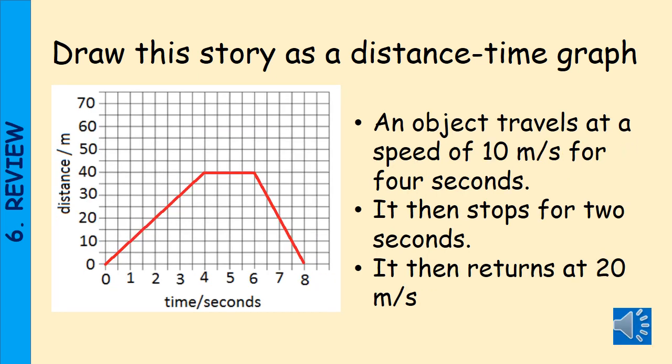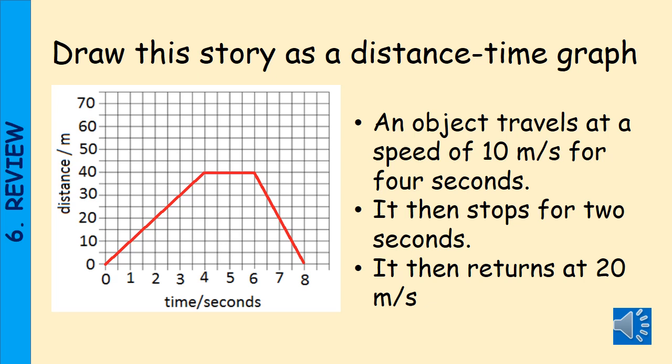So this sort of question is assessing whether you really understand what is meant by 10 meters per second. So if something's going at a speed of 10 meters per second, it means that every second they're doing 10 meters. So our line will begin at the coordinates 0, 0, and we know that in the first second we're going to do 10 meters.